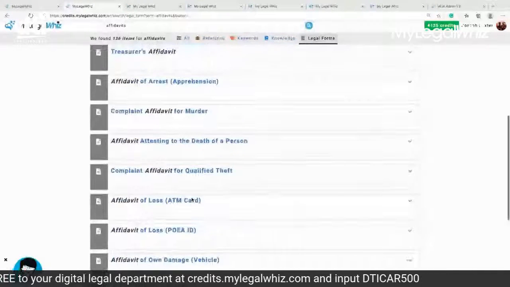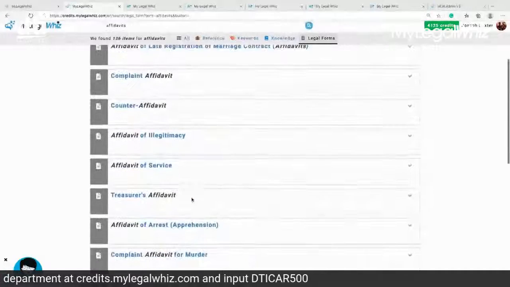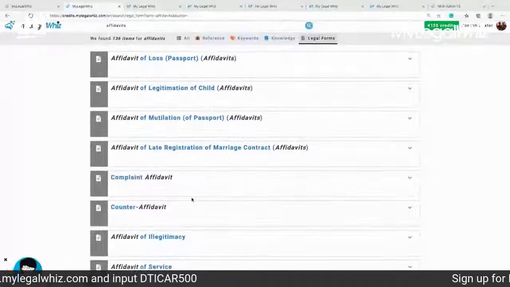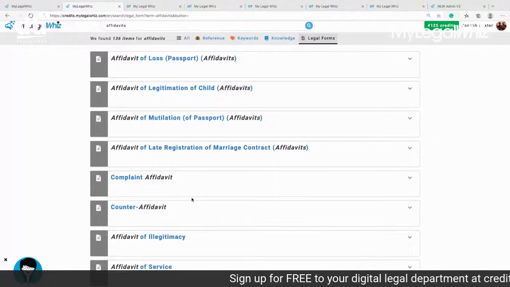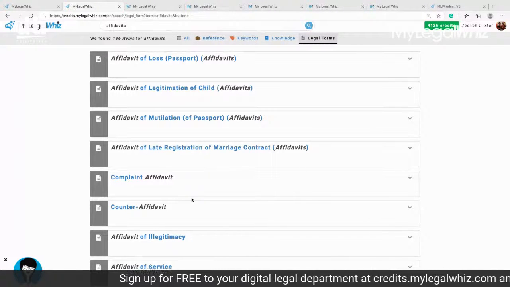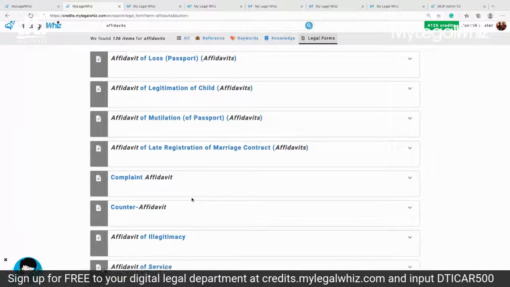So again, there are of course certain limitations, but it's a matter of pros and cons kasi. If that's your scenario, then definitely that.